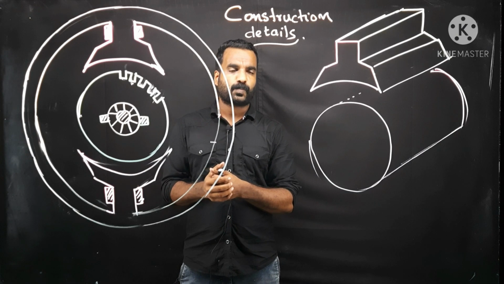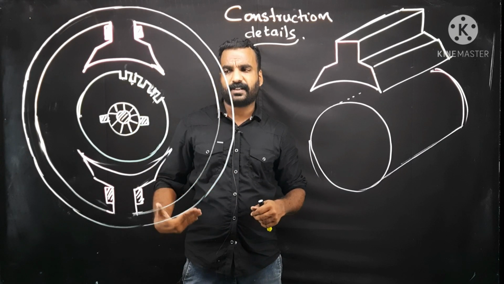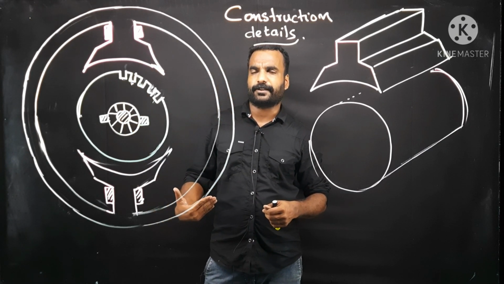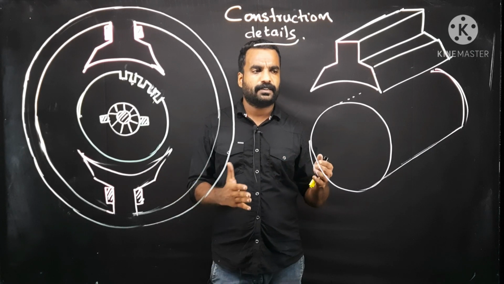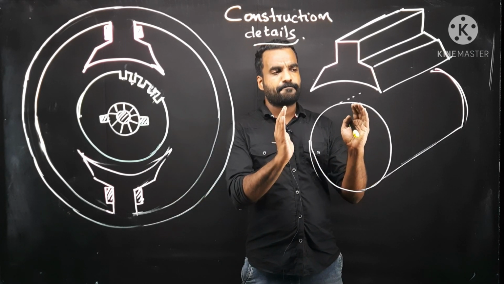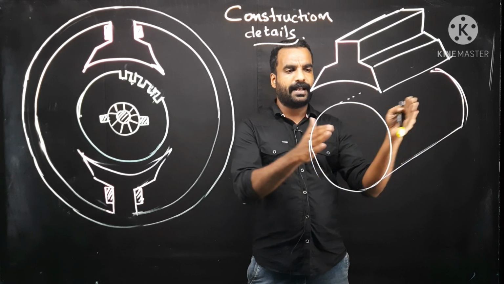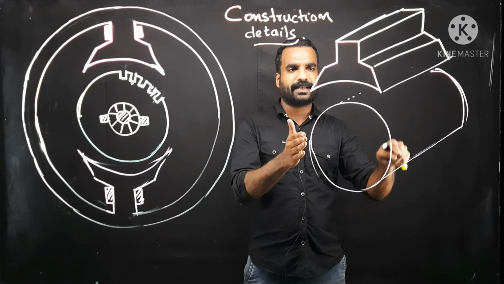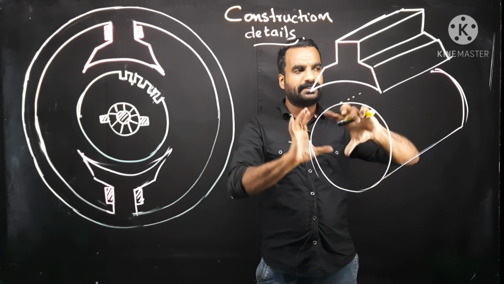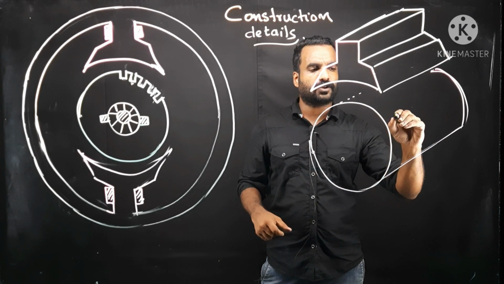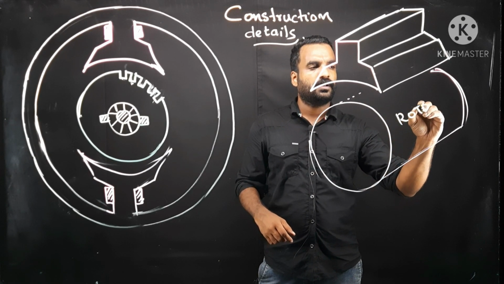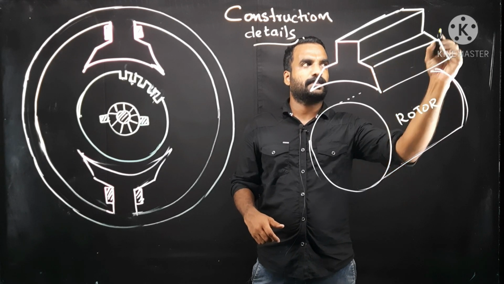So this is the cross-sectional view of a DC generator or DC motor. The total side view you can see from this figure, and the front view will look like a cylinder of this shape. In the side view, this is the rotor and this is the stator part.